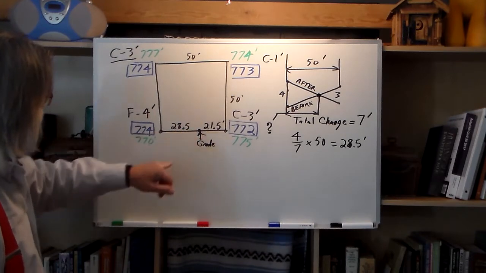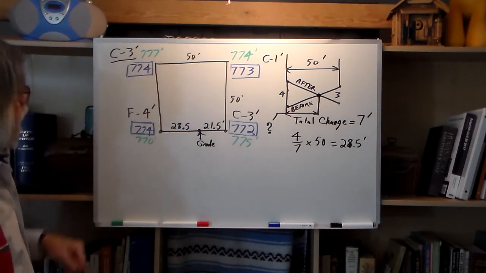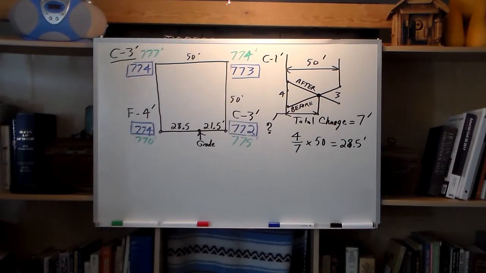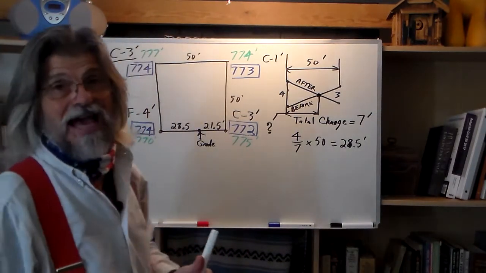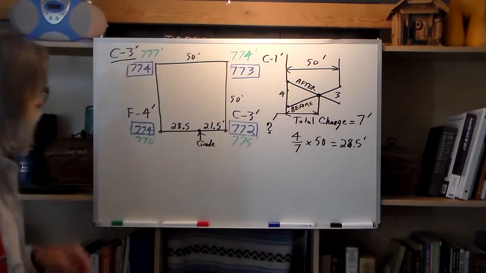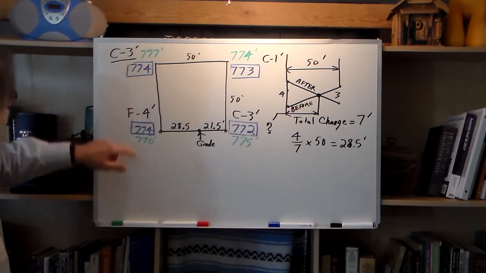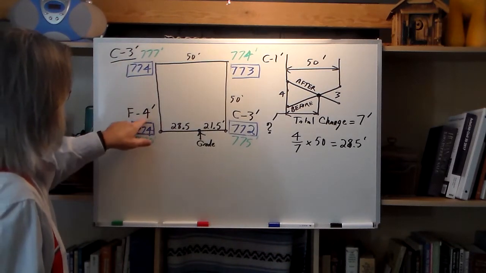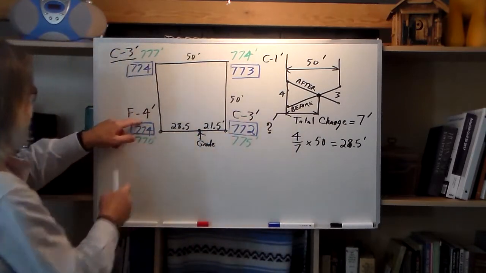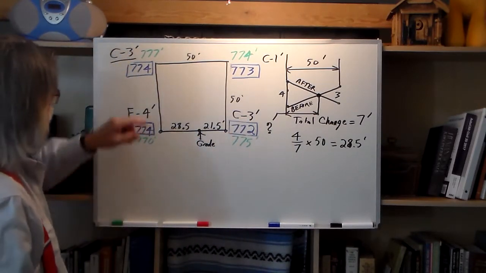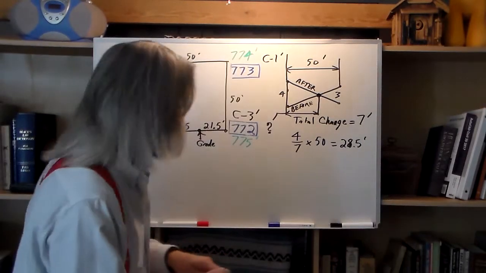Okay, we've got that point here. On this line here, we're going to have another grade point. But we don't have to do the math again. You know why? Because we got 4 feet on this end and 3 feet on the other. From a fill of 4 to a cut of 3 here, and from a fill of 4 to a cut of 3 here, and the distance is 50 feet, just like it was in the other one.